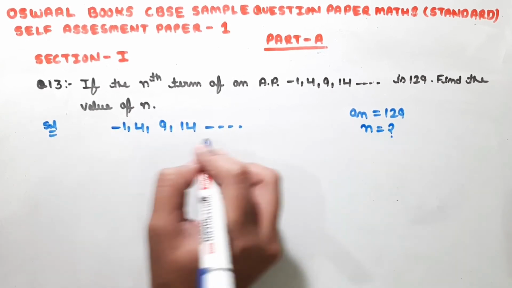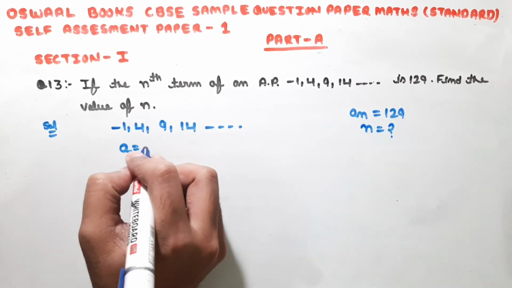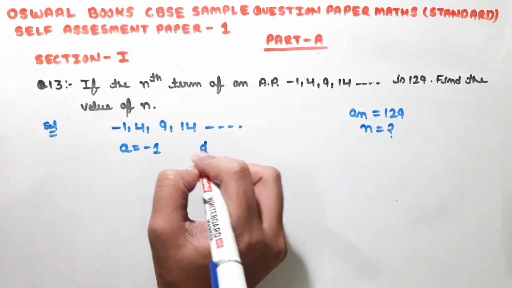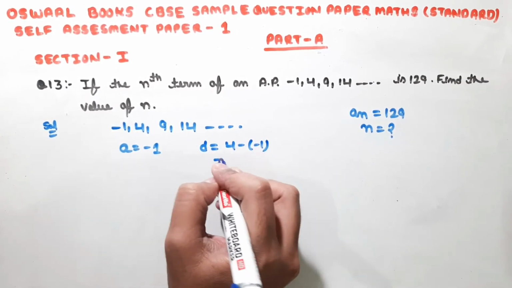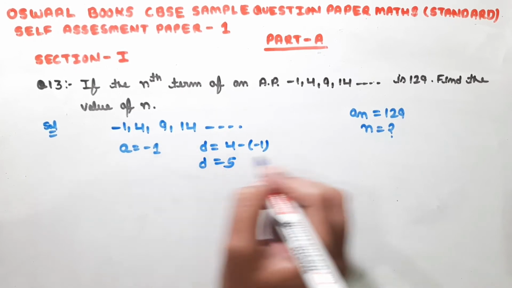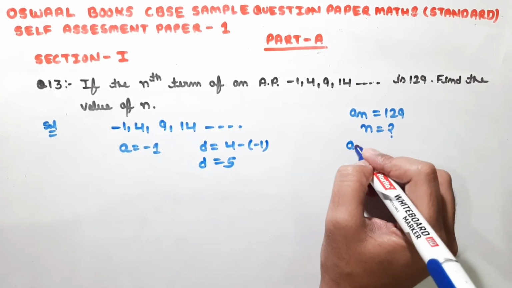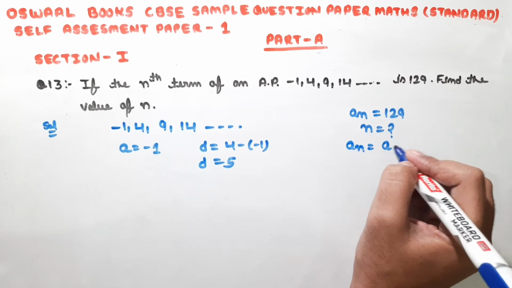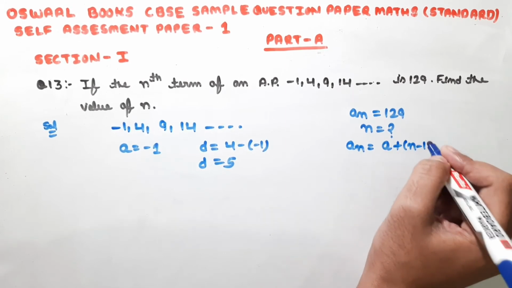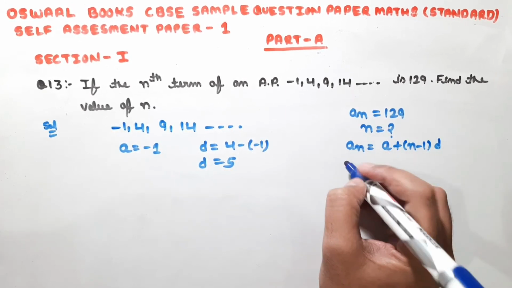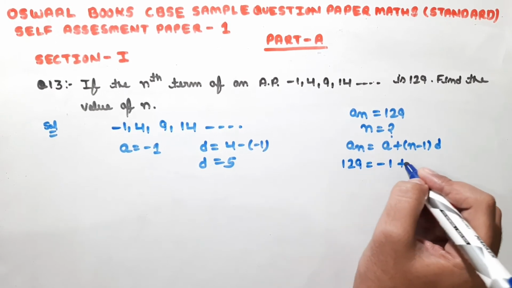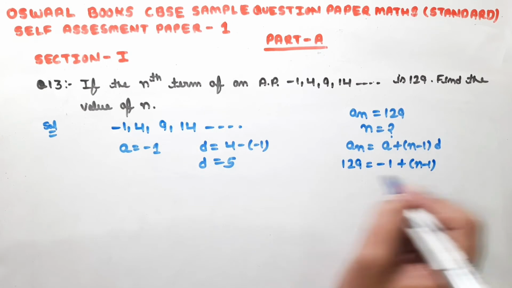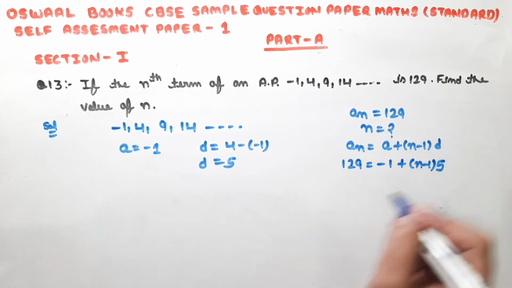So from this AP, the first term a is minus 1 and the common difference D is 4 minus minus 1, that is equal to 5. We know that the nth term of an AP, a_n, is given by a plus n minus 1 into D. Putting values here, 129 is equal to minus 1 plus n minus 1 into 5.